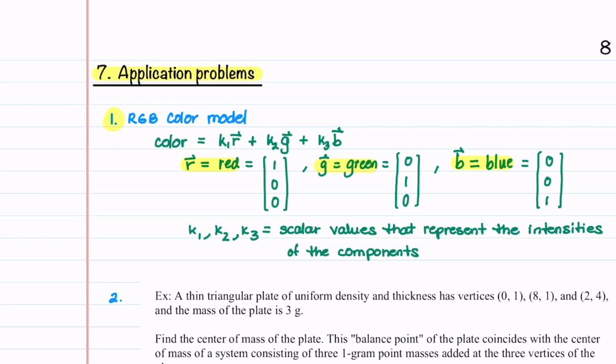A color can be written as a linear combination of these three vectors. As an example, we could let K1 be equal to 1, K2 be equal to 1, and K3 be equal to 0. That color then becomes 1, 1, 0, and that's actually the color yellow.